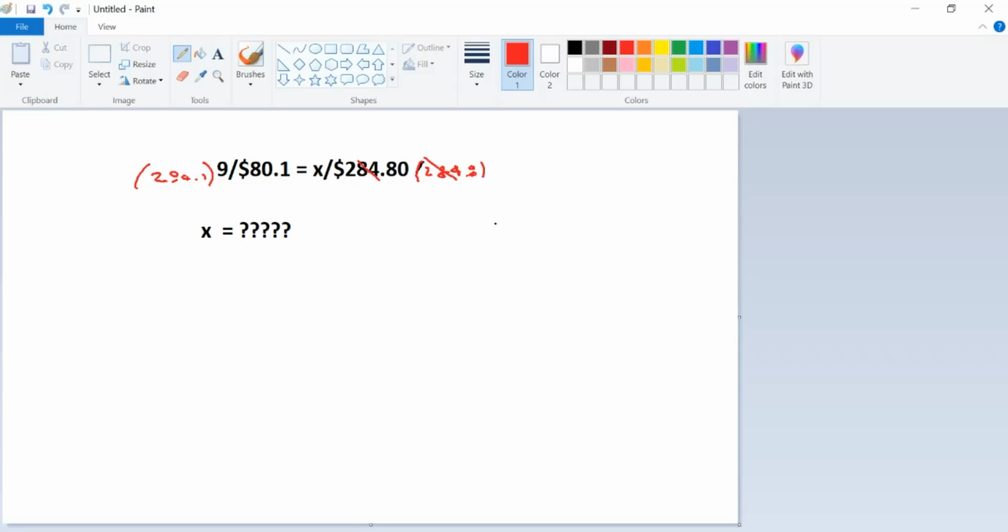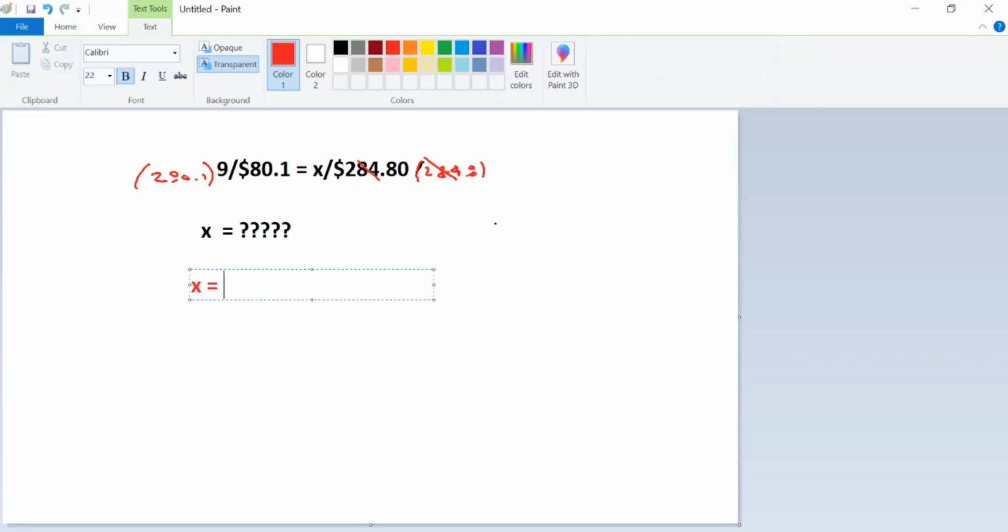So I'm going to just flip it around and say it's 284.8 times 9 divided by 80.1, right? Yes. And so this becomes the problem: 284.8 divided by 80.1 times 9.